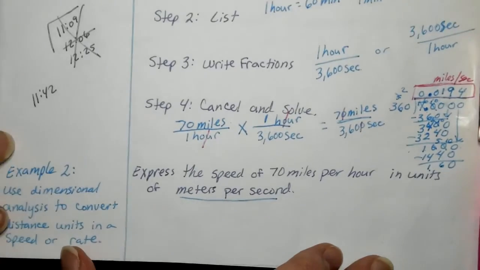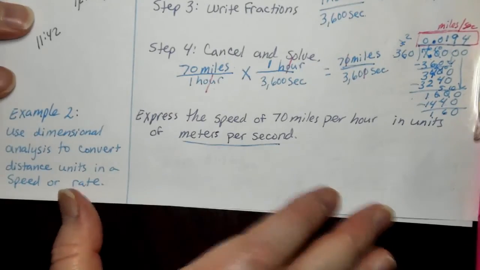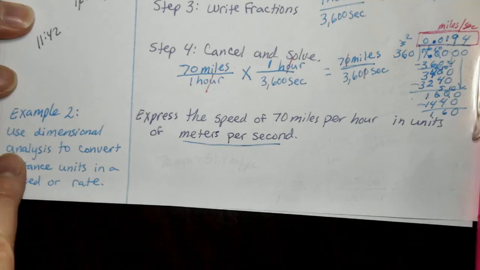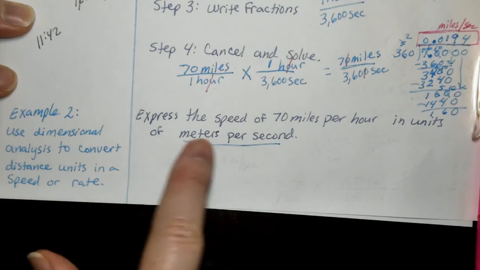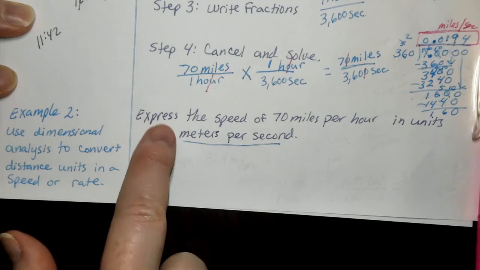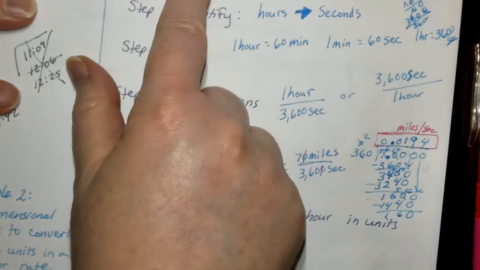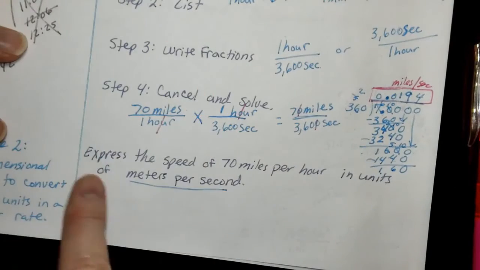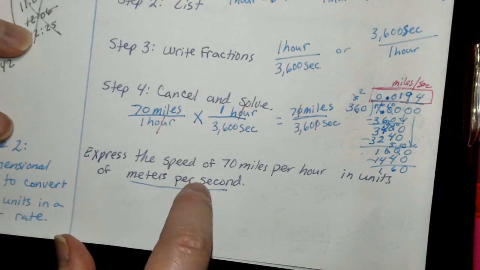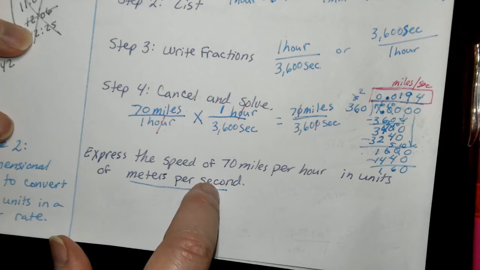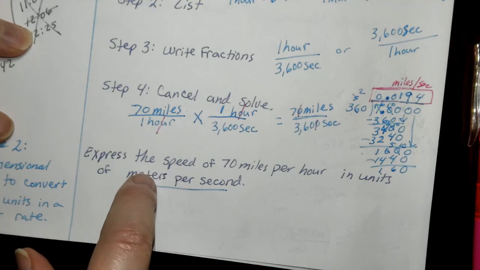So now for the next example, it wants me to use dimensional analysis to convert distance units in a speed or a rate. And I'm going from 70 miles per hour to meters per second. So I could start at the very beginning with 70 miles per hour and then convert my hours to seconds and then my miles to meters.